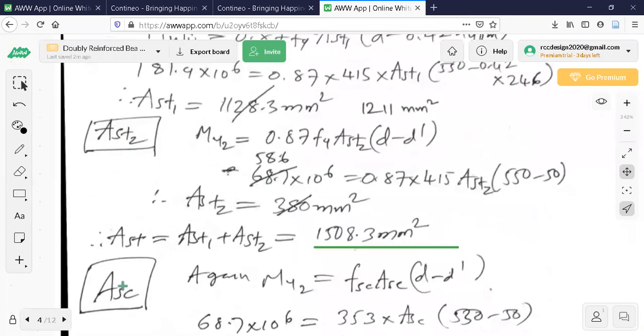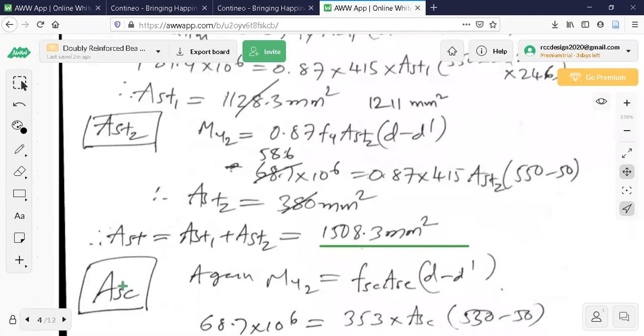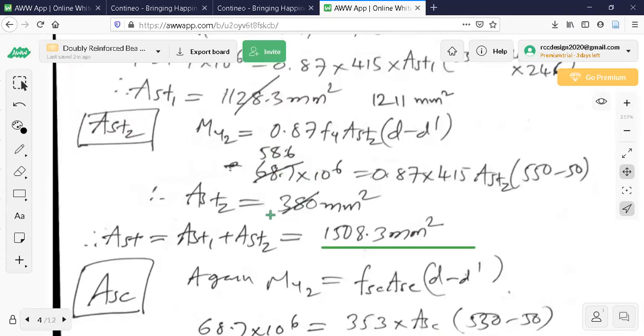Now Ast2 and Asc, how to calculate? Use Mu2 for that. For both these calculations, LHS is the Mu2 value. So Mu2 is 58.6, I think. 58.6 into 10 raised to 6 is Mu2. So first I am going to find out Ast2, which is 0.87 fy Ast2 into d minus d dash. See, when you are using Mu2 in LHS, the lever arm is d minus d dash.